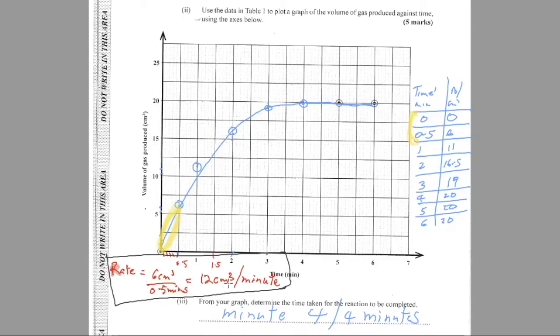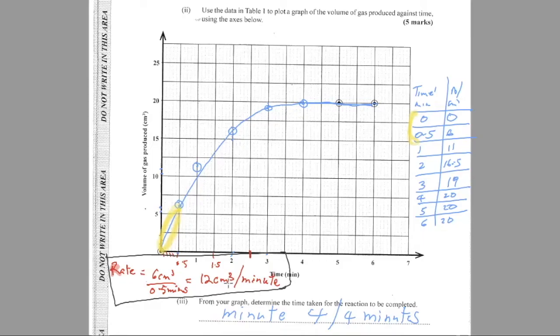All right. So part 6 now, they want us to, from our graph, determine the volume of gas produced at 2.5 minutes. So we need to look for 2.5 on the x-axis. 2.5 is here.